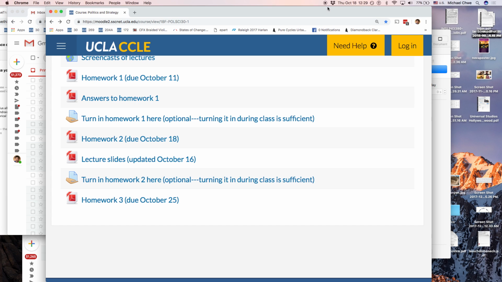Okay. So the homework boxes are moving around, so make sure you just put your homework in the right little boxes. Any questions about the homework or anything?